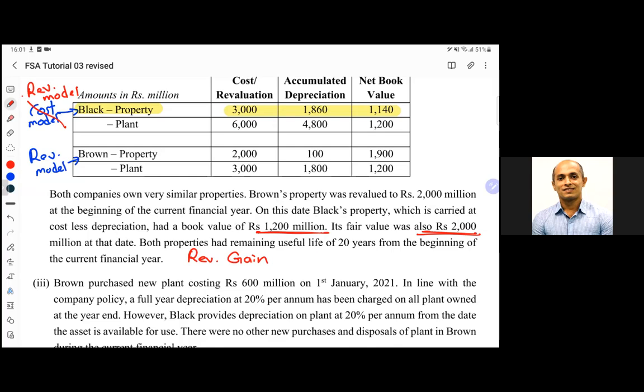Book value 1,200, fair value 2,000, so the revaluation gain is 800. So what is the adjustment? Asset value increases by 800.